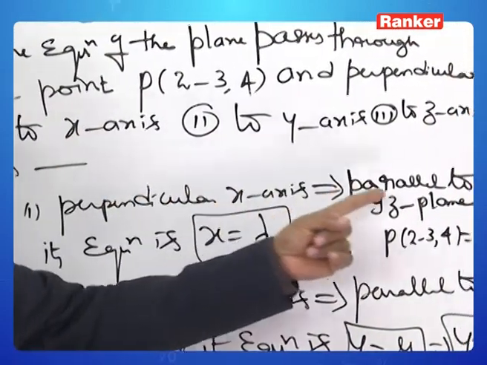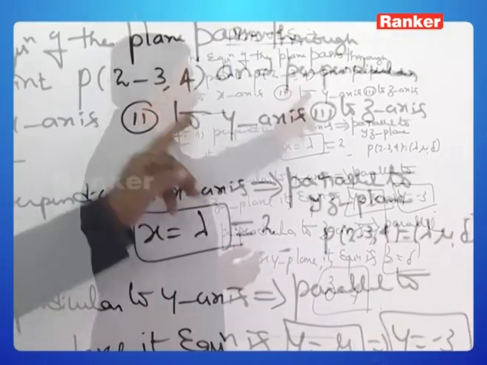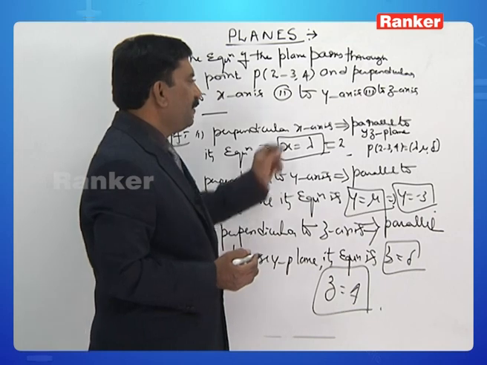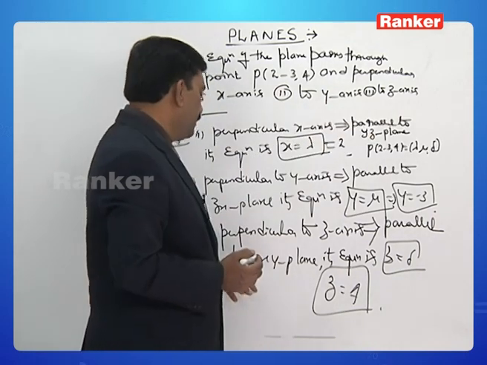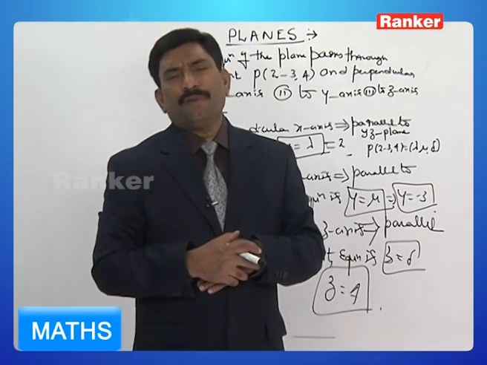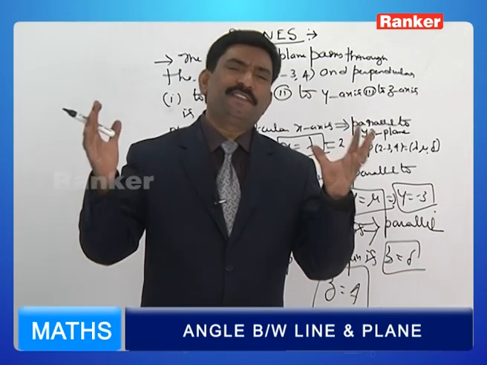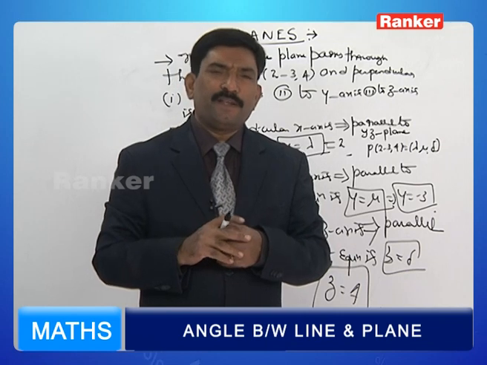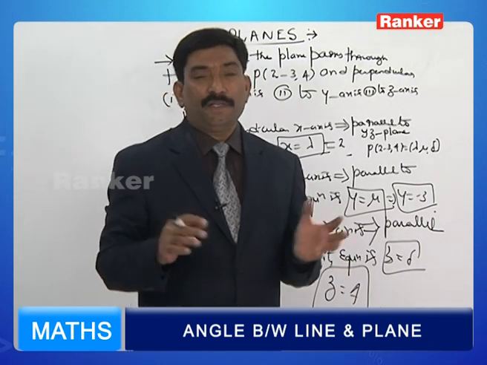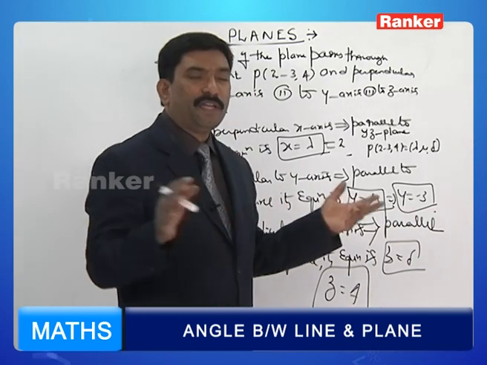Perpendicular to the x-axis means parallel to the yz plane. Perpendicular to the y-axis means what? Parallel to the zx plane. Perpendicular to the z-axis means parallel to the xy plane. Why? Because for the xy plane, the z-axis is the normal. For the yz plane, the x-axis is the normal. Similarly, for the other plane, the y-axis will be the normal.